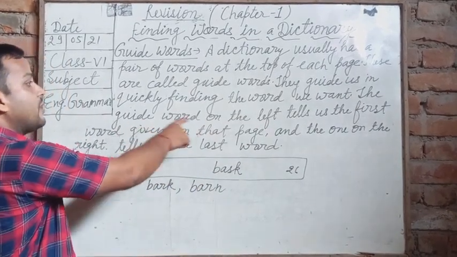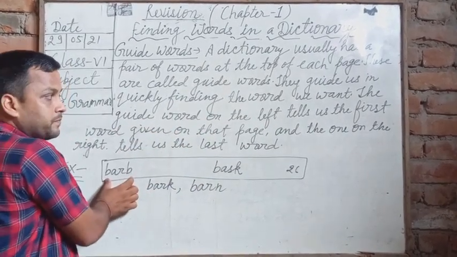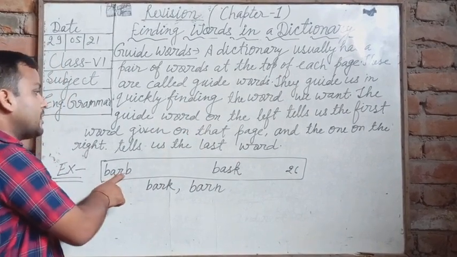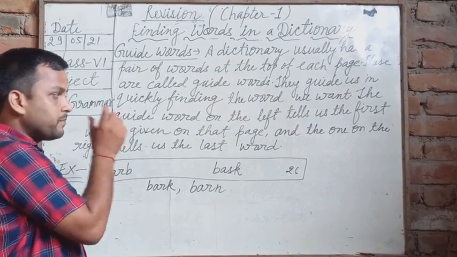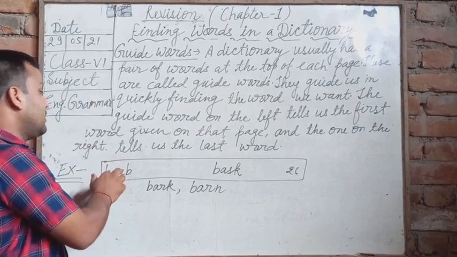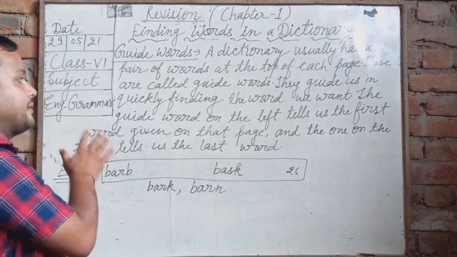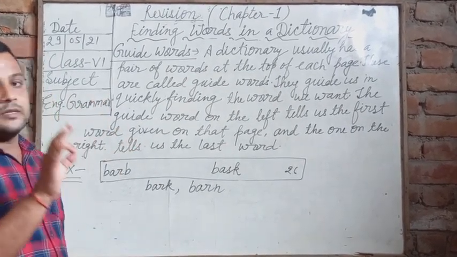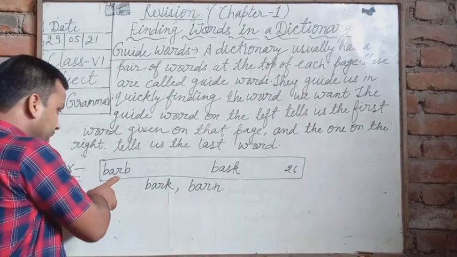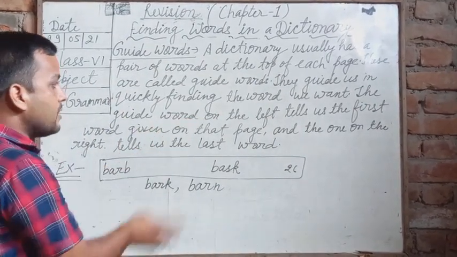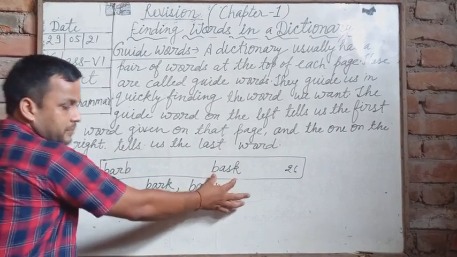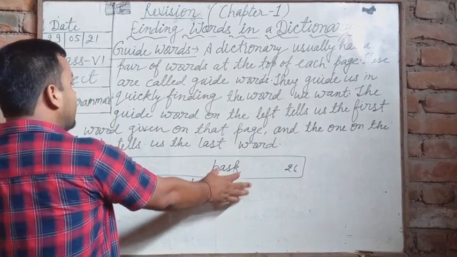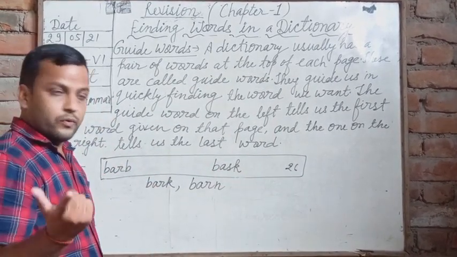The guide word on the left, this one, tells us the first word given on that page, barb. It tells us the first word that is given on that page, and the one on the right, bask, tells us the last word.